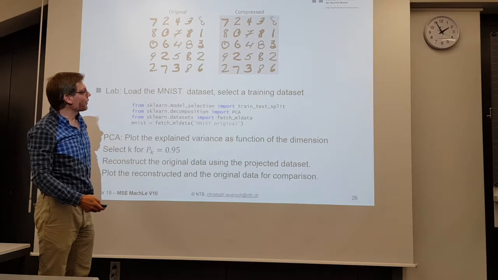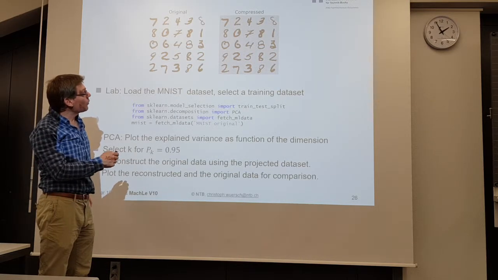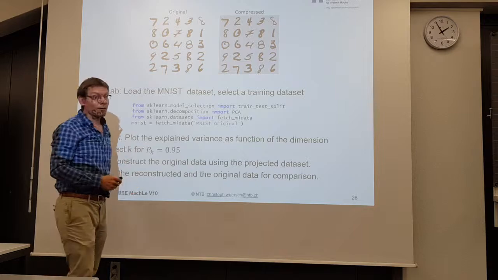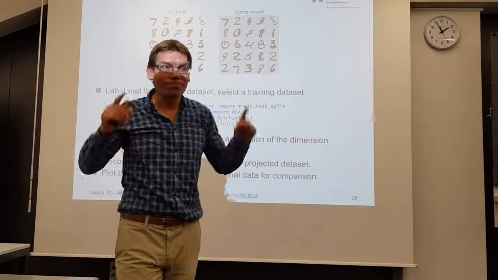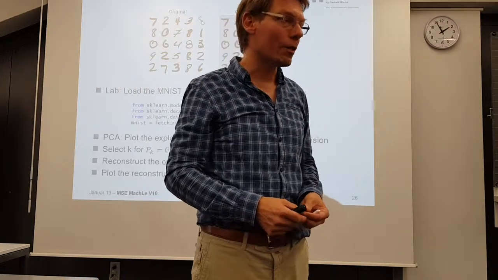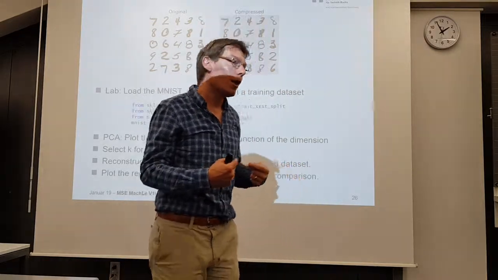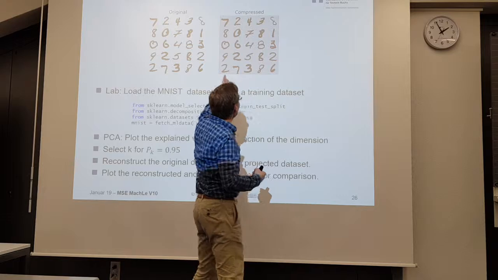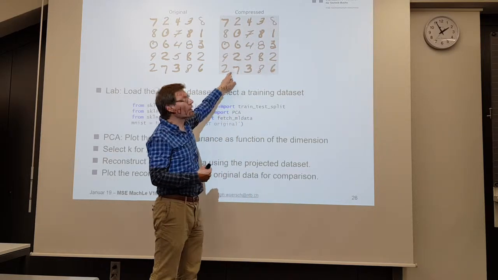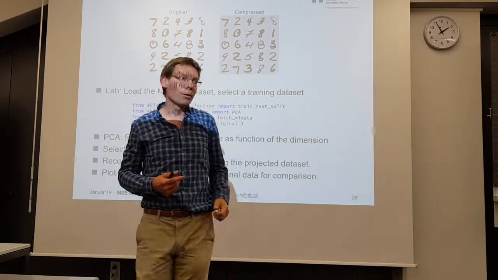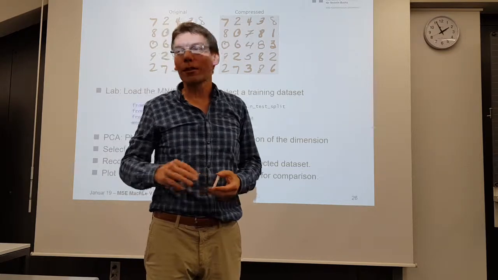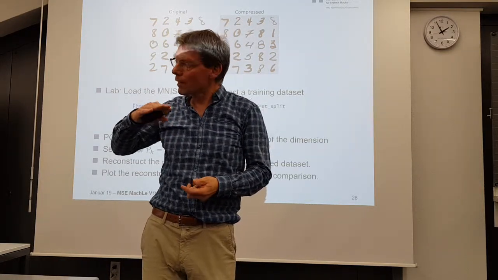Good. What you can now do is compress the data from 784 to, let's say, 40 dimensions, reconstruct the data, and see how good your reconstruction is. What we observe is that we get gray pictures back, because the offset in the middle is gray.